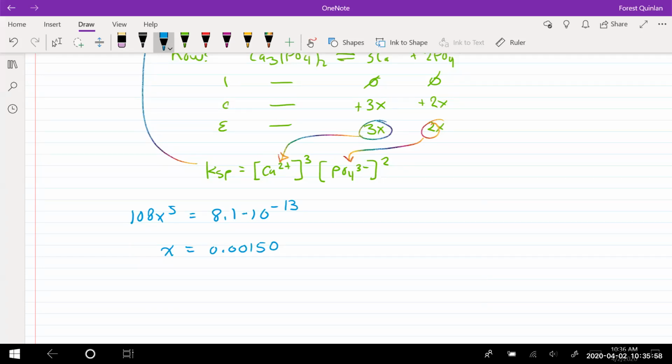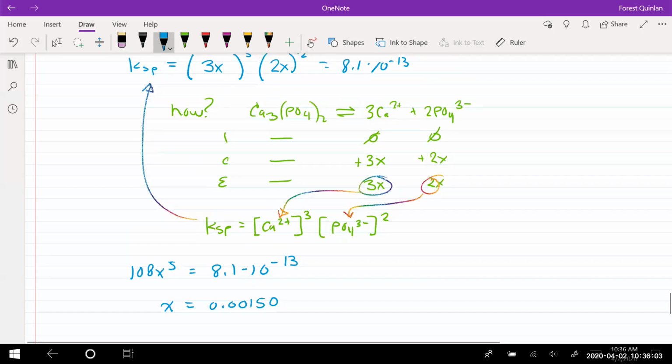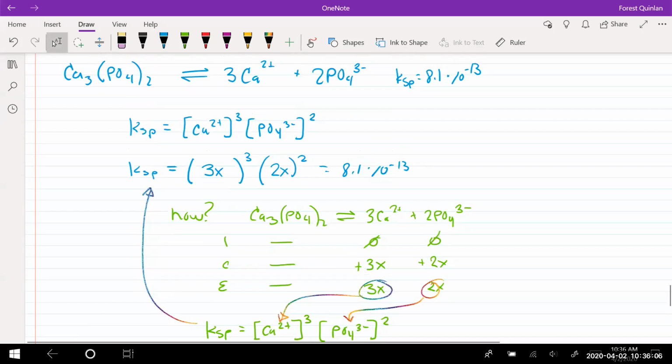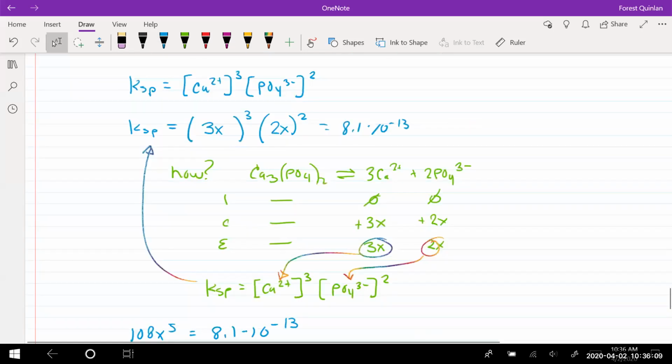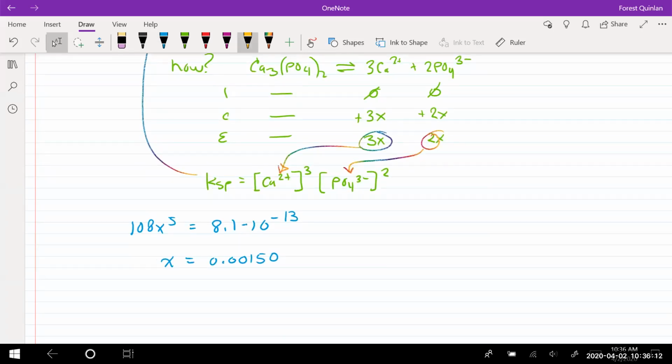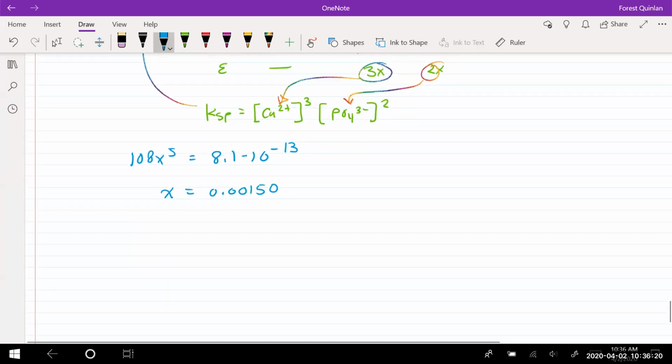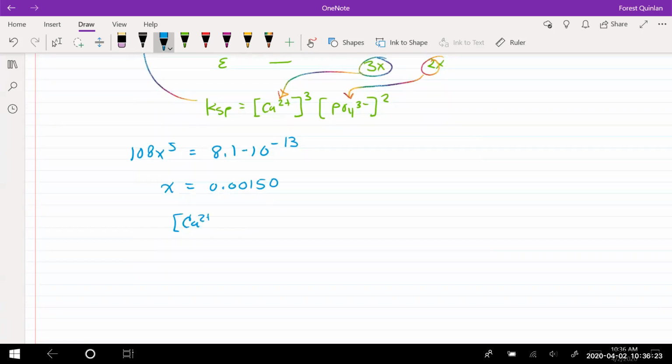Because what is X? The X value is what gets plugged in up in here. So if that's the X value, then the concentration of the calcium is equal to 3 times X. So 0.00150.